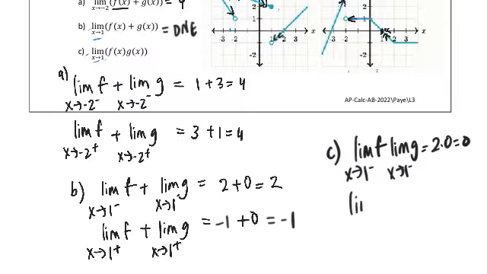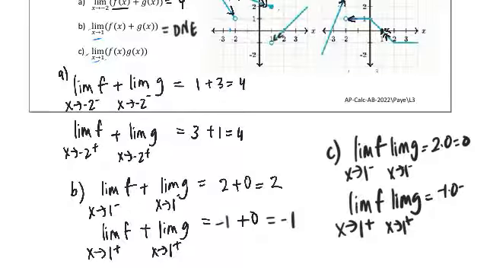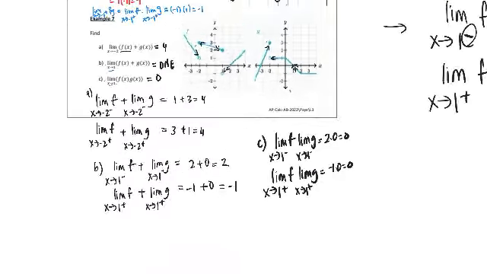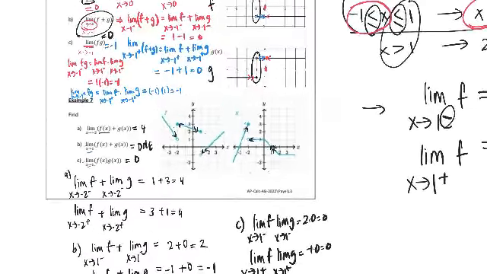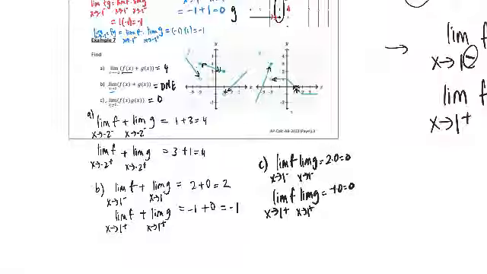And then from the right, it's going to be negative 1 times 0, which is also 0, right? So that means that the overall limit is 0. Okay, so a lot of one-sided things to keep track of when we work with piecewise functions. Okay, we're done.